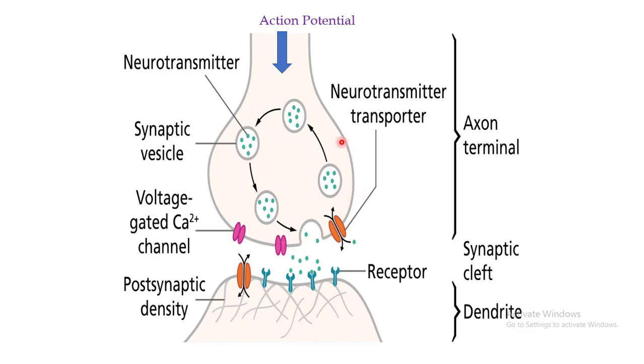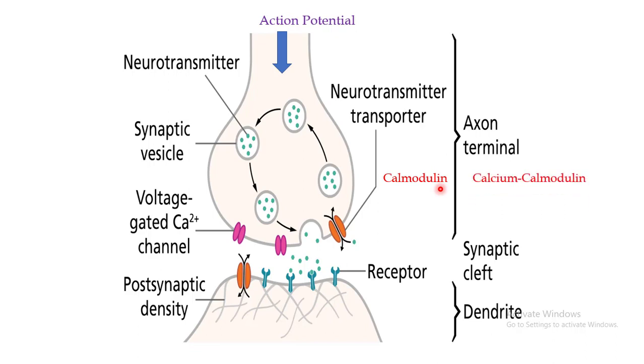This is the axon terminal part, and when the action potential reaches the axon terminal, one of the important things that happens is the opening of these voltage gated calcium channels, because now the voltage is changing. When the voltage gated calcium channels open, the calcium is going to move inside the axon terminal, and it is going to interact with another protein known as calmodulin.